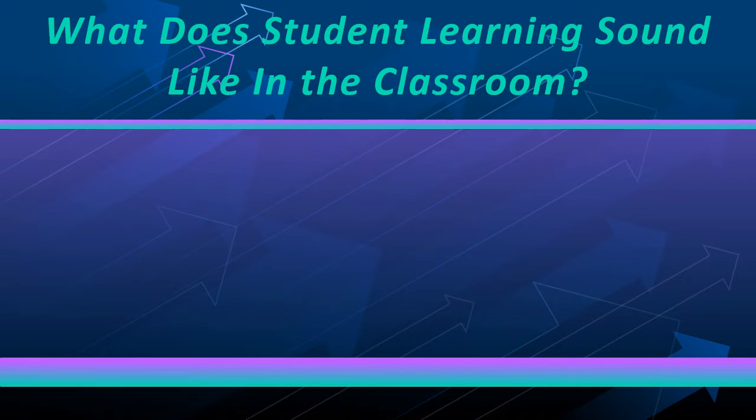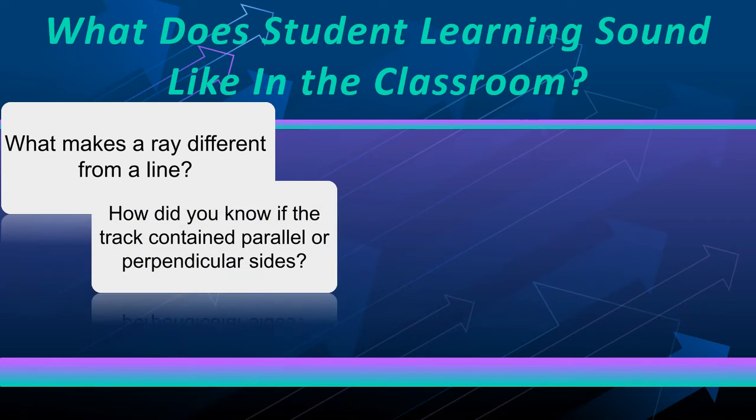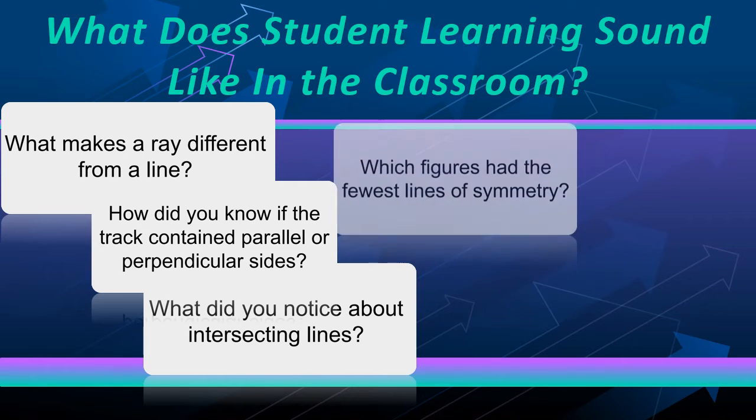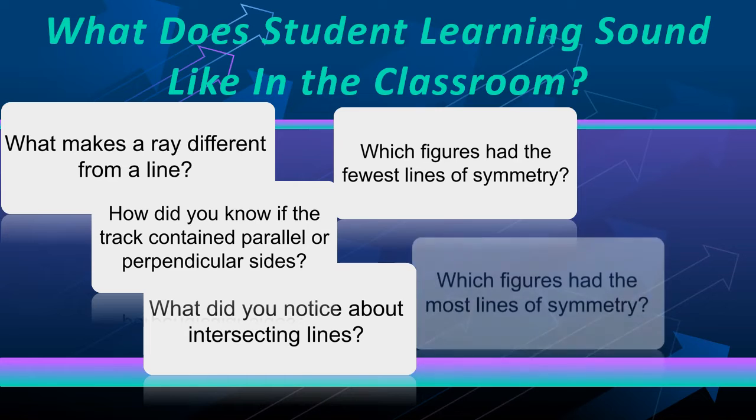Good questions drive our student discussions in the classroom. So what should student learning sound like? We might hear questions like, what makes a ray different from a line? How did you know if the track contained parallel or perpendicular sides? Notice that these questions are encouraging students to make sense and explain the vocabulary in real-world examples that they have found.